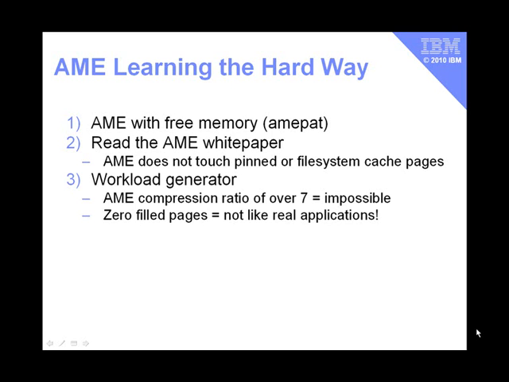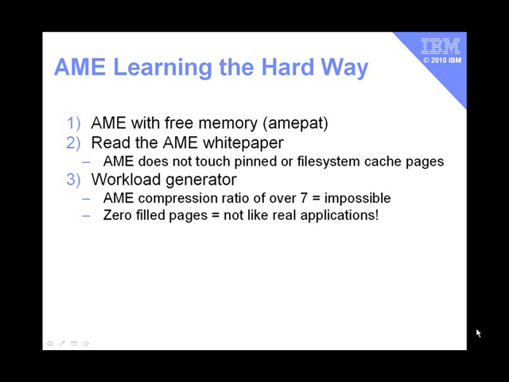I then used the AMEPAT command and it said we had a compression ratio of 7:1, which is, I know, completely impossible. So I had a quick look at my program and I said, okay, it's allocating memory pages. When memory gets into a program like that with the malloc command, it actually gets zero filled. This is part of the Unix operating system.